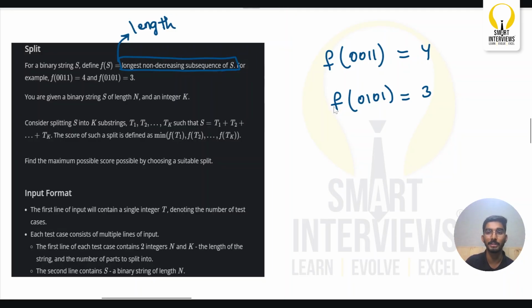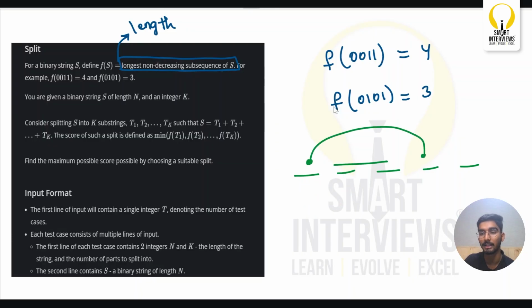So here, what is the length of the longest non-decreasing subsequence? If I have 10 elements, a subsequence is something like I can pick this or I can leave this. The order has to be maintained, the index order. So I can pick this, leave these two, and directly pick this as well.